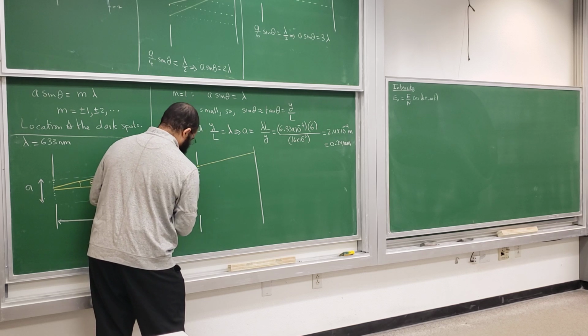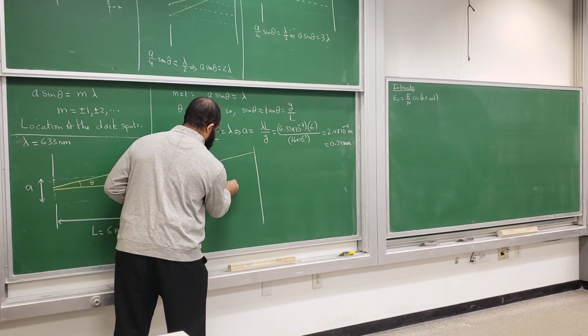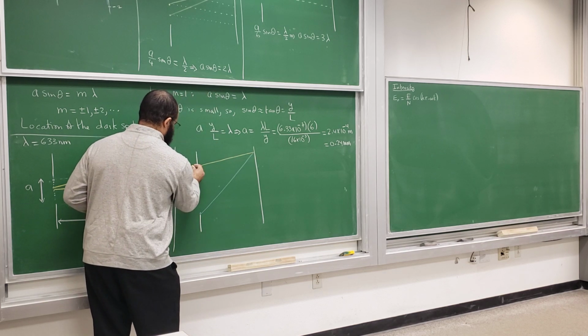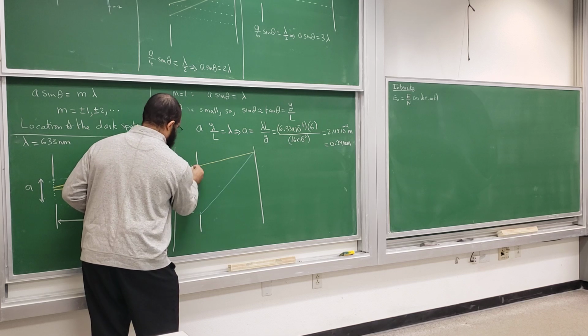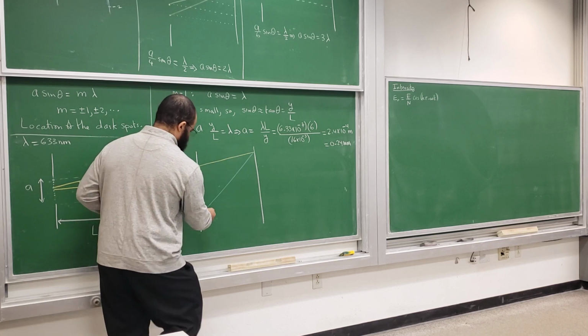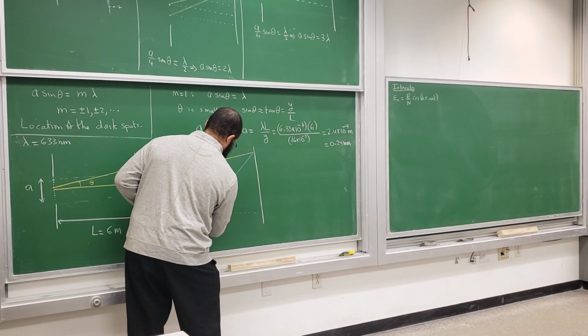This one here, I'm going to call it En. So, distance from here to here is A, right? And this angle here is theta.